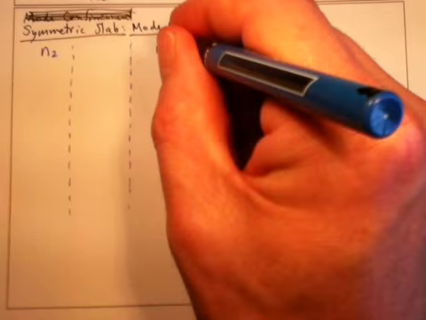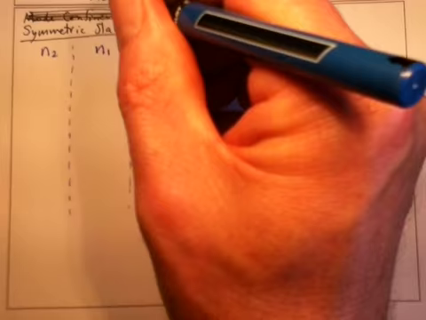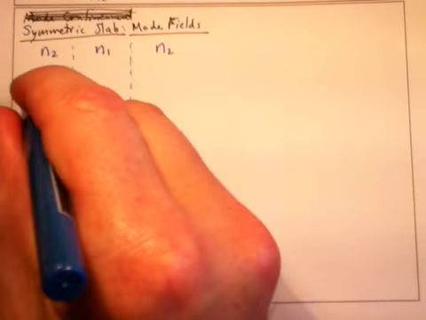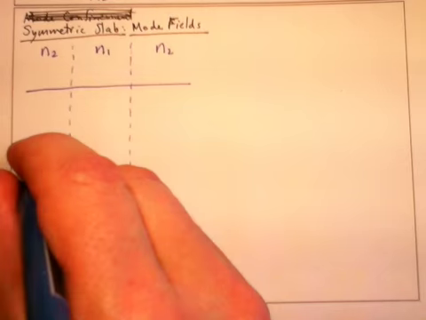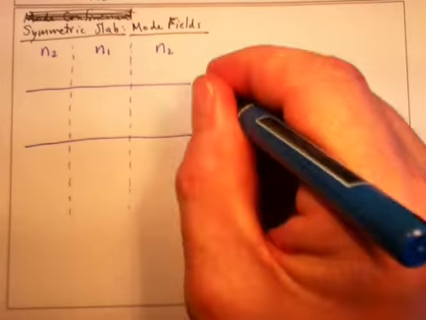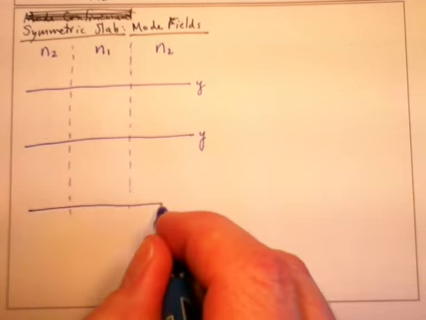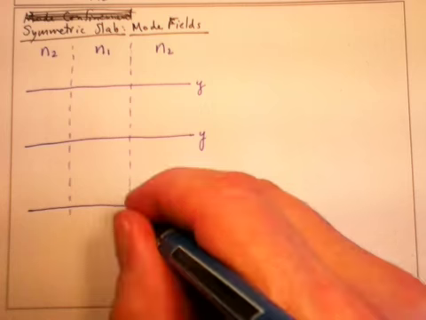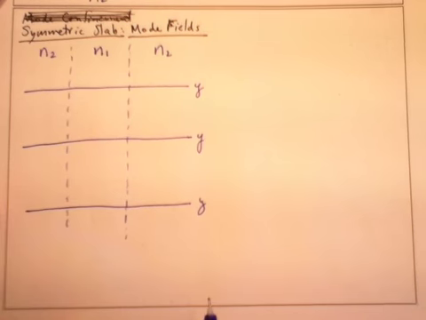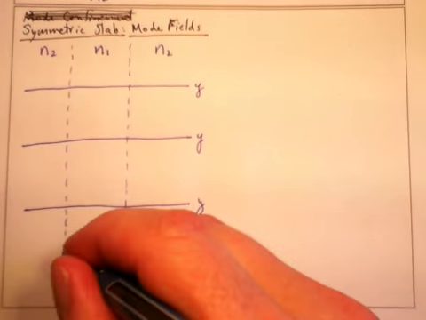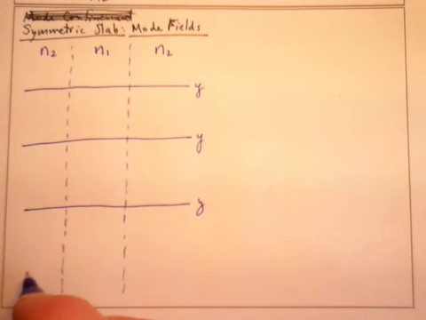And I'm going to make a series of plots as a function of the y-axis, which is transverse to the waveguide, and plot out for you what the solutions to these different modes look like.